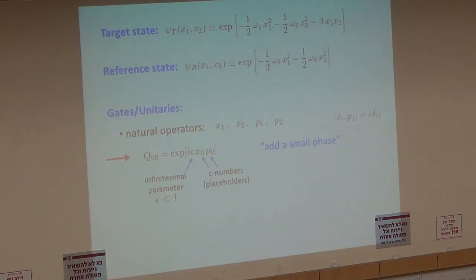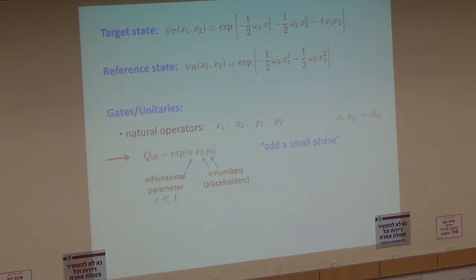They're just c-numbers, just placeholders. And so all this does, if I multiply my state by this gate, is add a small phase. And it's small because I've introduced the epsilon as well. The epsilon is going to appear in all of the gates because I want my gate to make a very small change to the state.